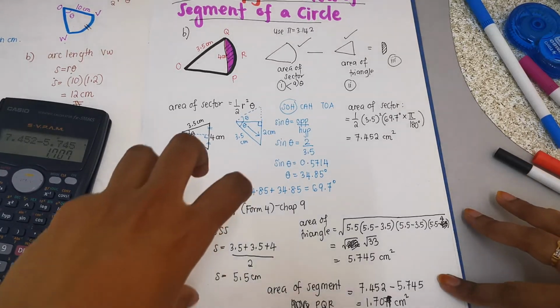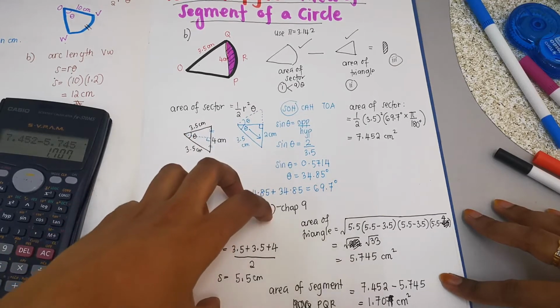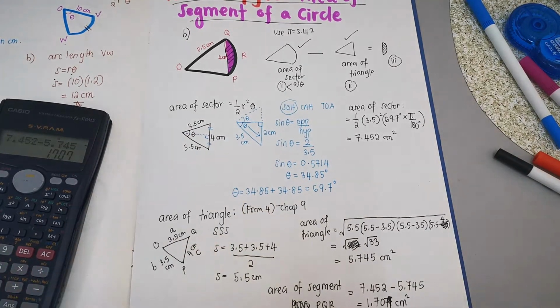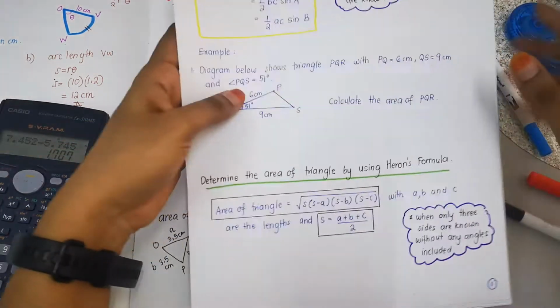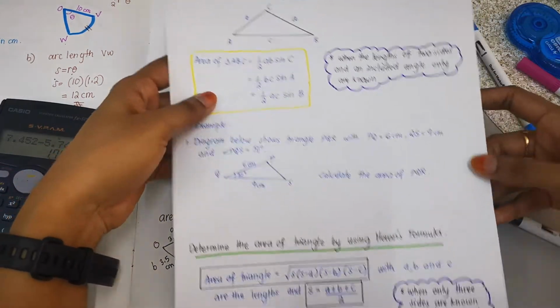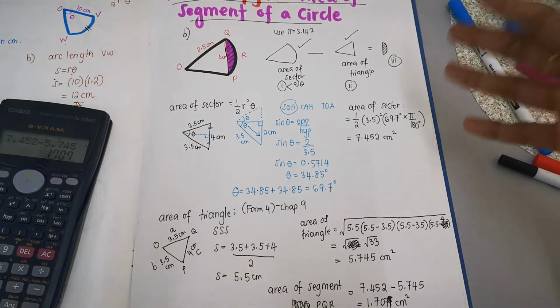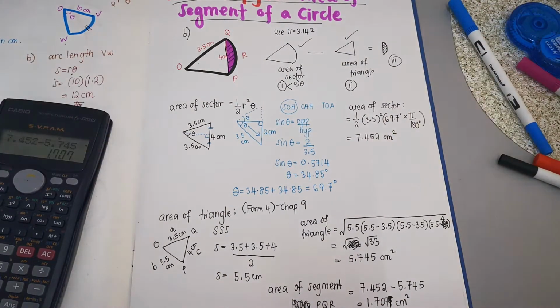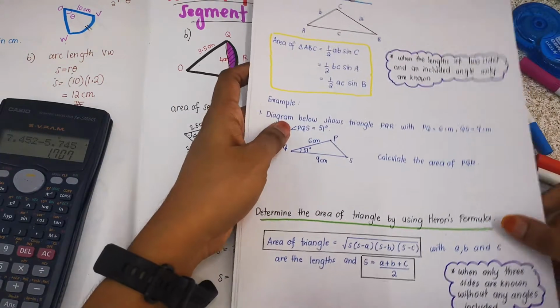If you need to refer to this, kindly go back to your Form 4 chapter 9. You need to master the area of triangle, because there is also another way, which is taking 1/2 times base times height, no problem, or 1/2 ab sin C. We can use this also.